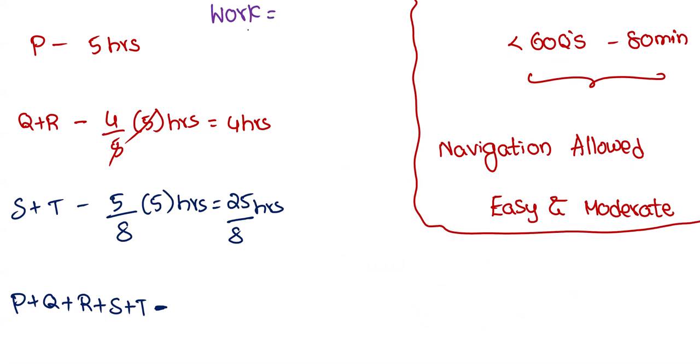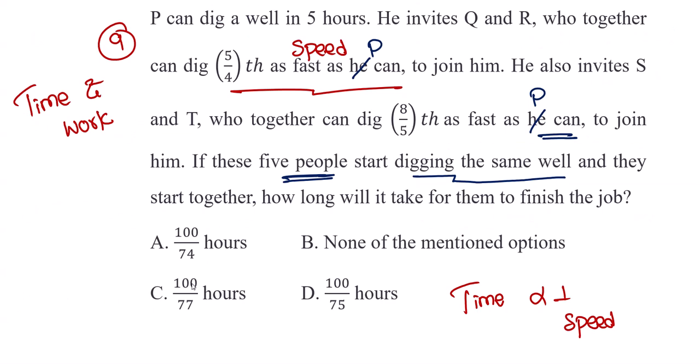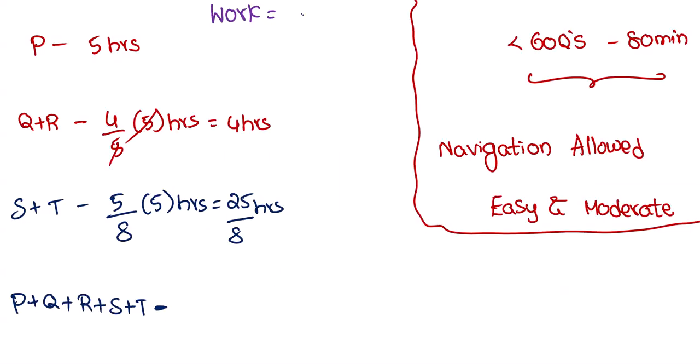In fact, if you observe the options here, the numerator is 100 in all, so we can say the work is like digging 100 meters. This is digging a well, so I'm taking 100 meters to dig.